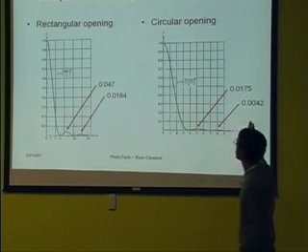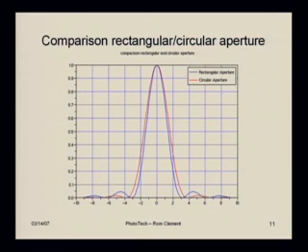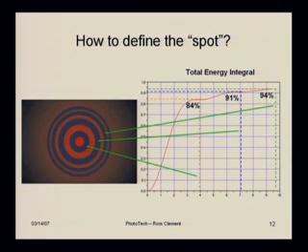It's even less for the circular aperture, but as we will see, the problem is how to define the spot. This is just another illustration, slightly different, but with the same characteristic: one big peak in the middle and secondary peaks on the sides.